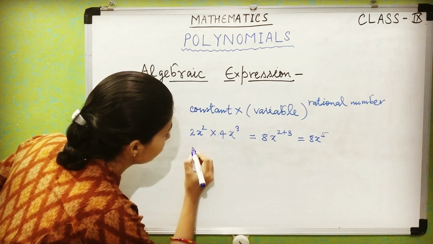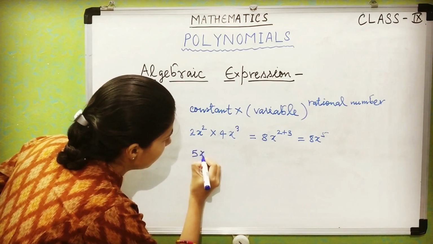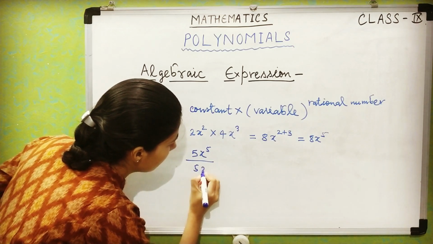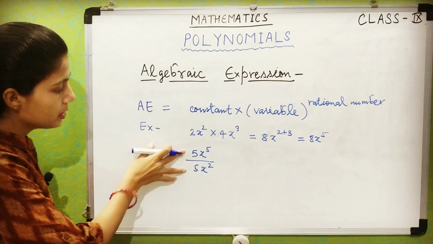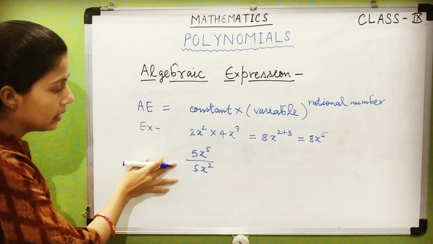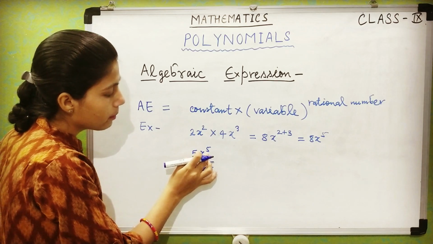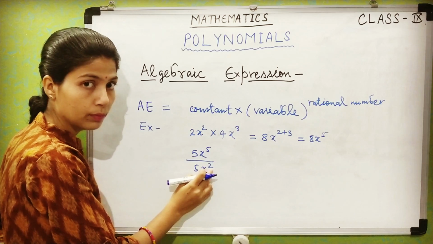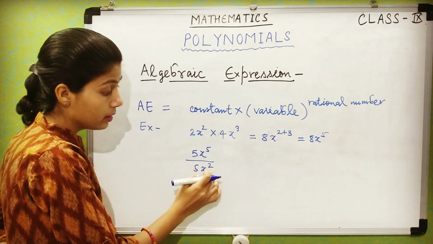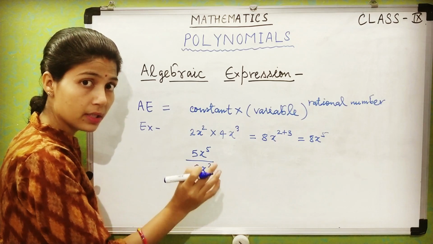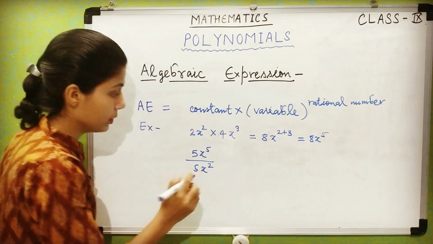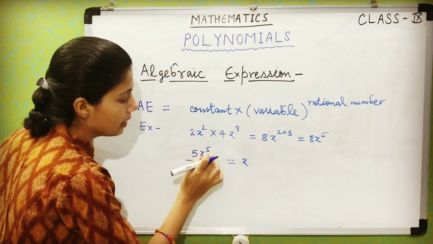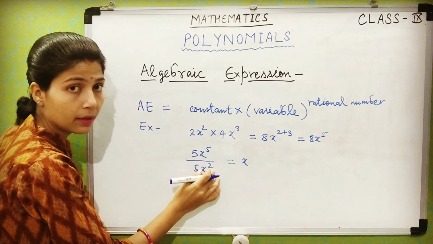Now take the example of division. Suppose I have 5x raised to power 5 and I am dividing it by 5x raised to power 2. These two are algebraic expressions and I am dividing. Now see here, the power of the variable in the numerator is 5 and in the denominator the power of the variable is 2. Means the power in the denominator is less than in the numerator, so it will be an algebraic expression. How? 5 divided by 5 is 1. The base is the same and powers are different, so the power will be subtracted.